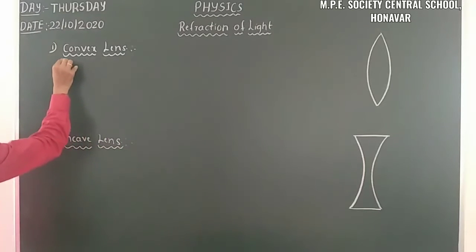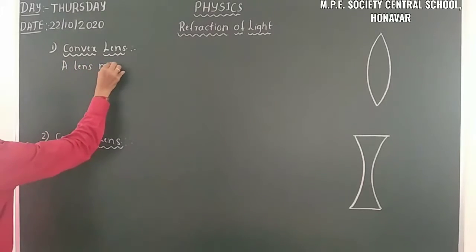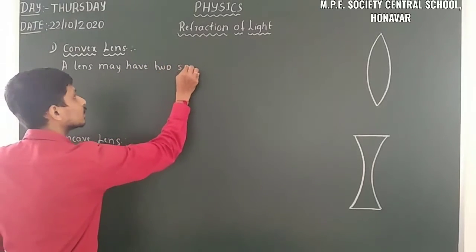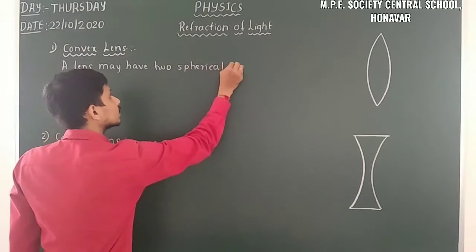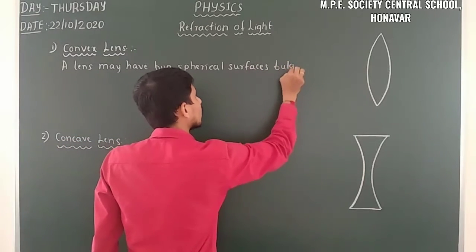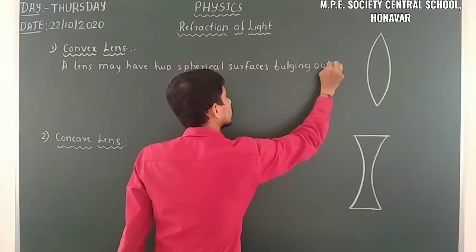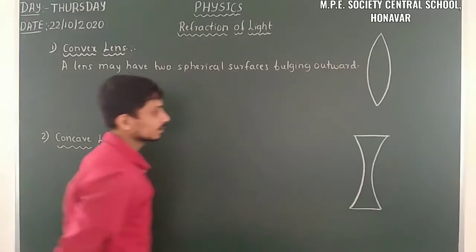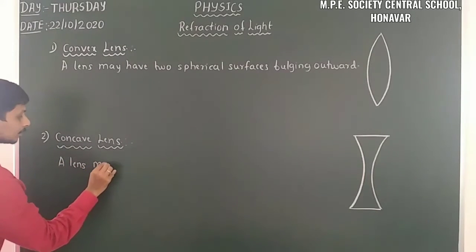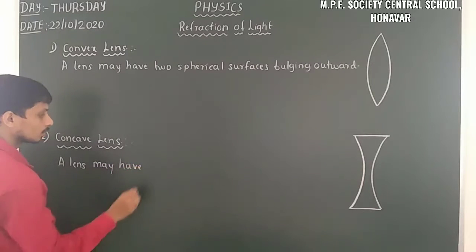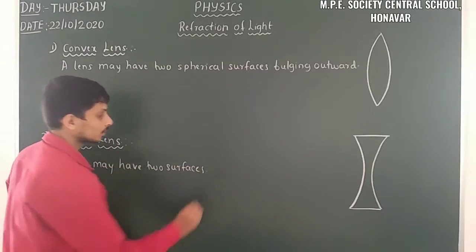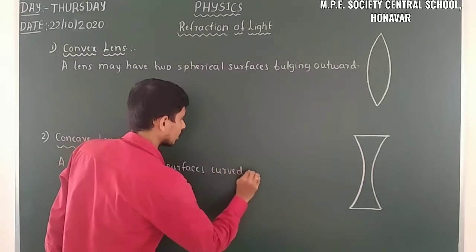A lens may have two spherical surfaces bulging outward, or a lens may have two spherical surfaces curved inward.